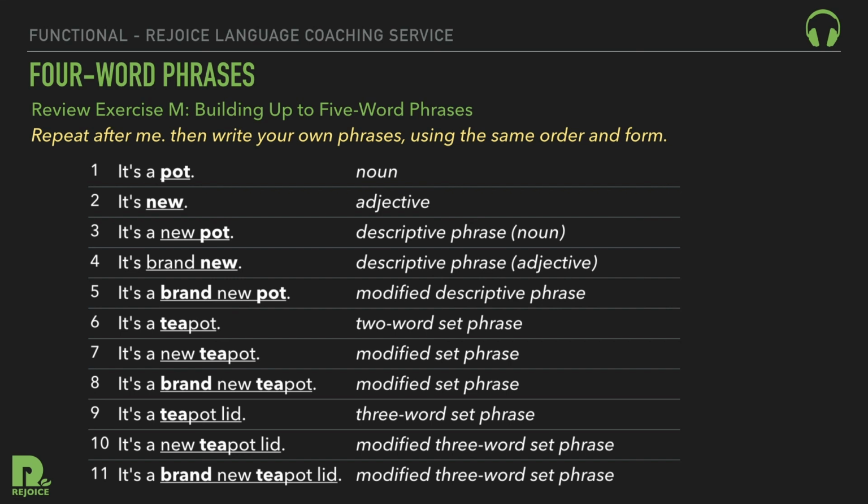Brand new. 5. It's a brand new pot. 6. It's a teapot. 7. It's a new teapot. 8. It's a brand new teapot. 9. It's a teapot lid. 10. It's a new teapot lid. 11. It's a brand new teapot lid.